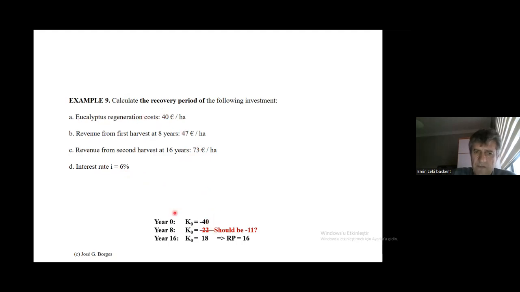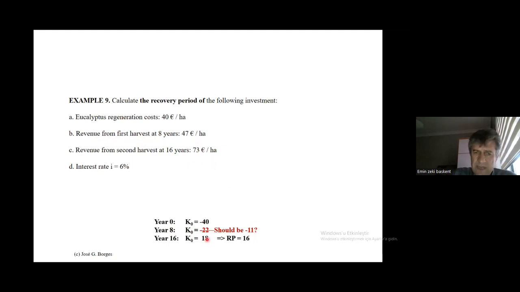At the age of 8, we have to calculate the future value of regeneration cost and discount it to the present value, and at the same time, take a look at the net present value of first harvesting at the age of 8. Altogether it will become minus 11. K0, that means net present value at the age of 8 becomes minus 11.